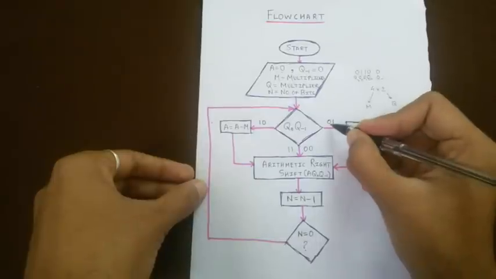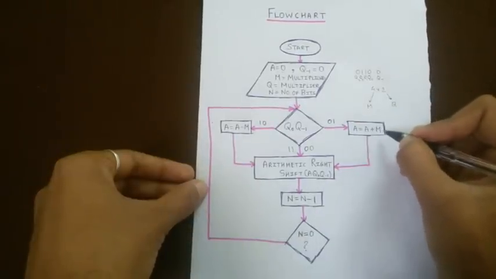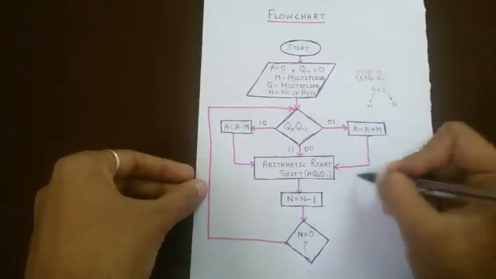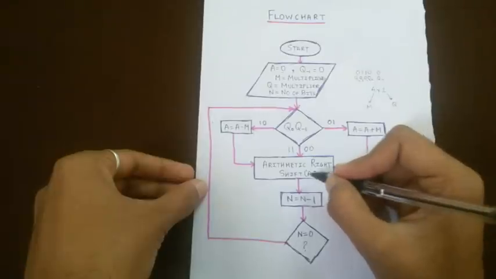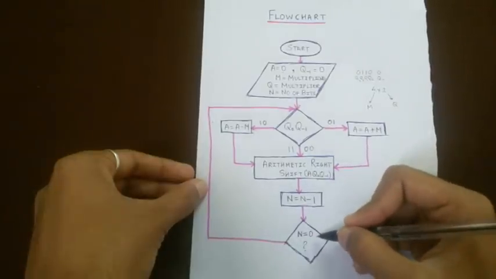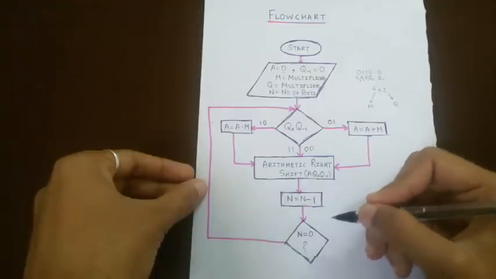And if they are 0 and 1, then we have to add the values in accumulator and the multiplicand, which gets stored into the accumulator, later perform the arithmetic right shift operation and then decrement the value of n. This loop will continue till the value of n is equal to 0.